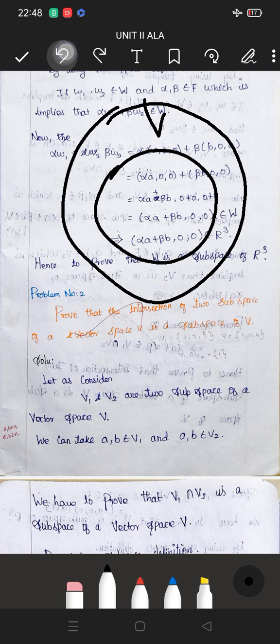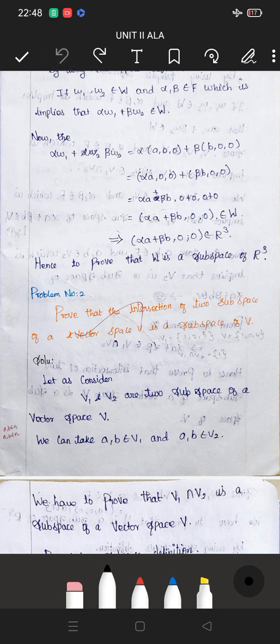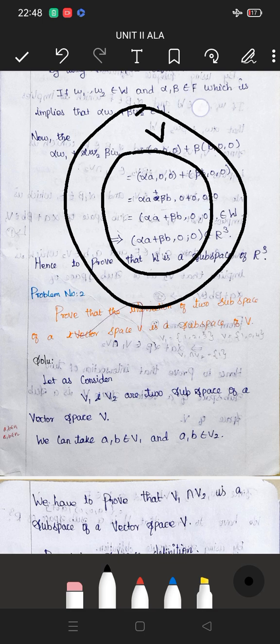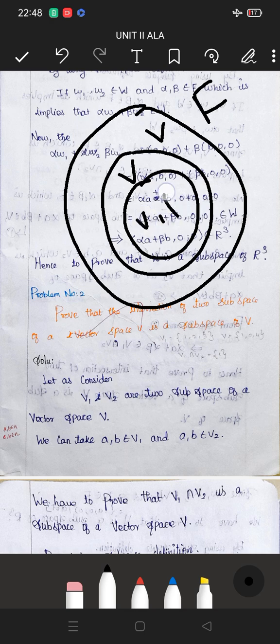So first, V is a vector space over a field F and W is a subspace of V. So here W is a subspace of V. So here V1 intersection V2 is also a subspace.